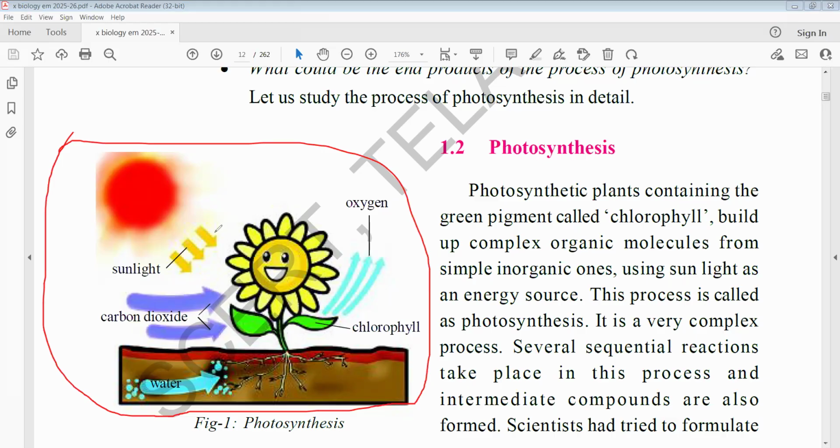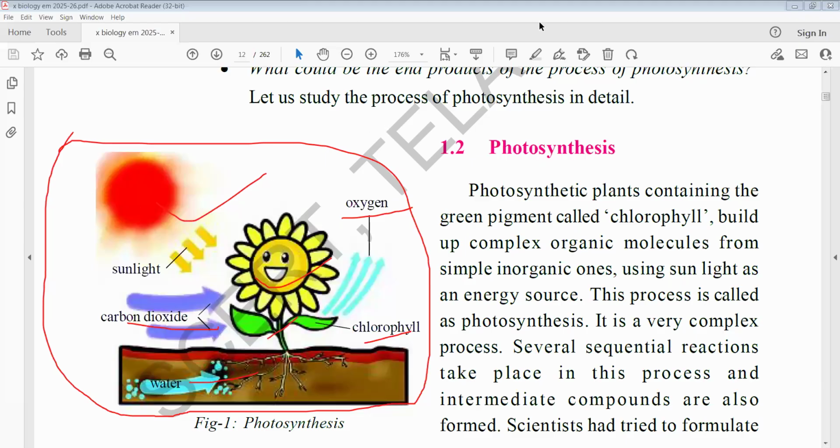You can see sunlight focusing on the plant and leaf, with carbon dioxide and oxygen, chlorophyll and water. These are the reactants regarding photosynthesis. So we conclude this picture indicates photosynthesis. This type of question also comes in the examination, especially in the bit paper.